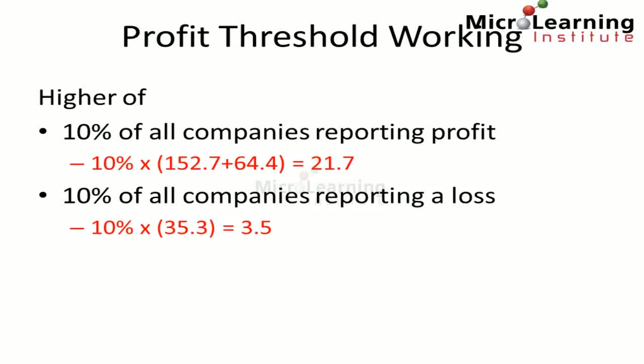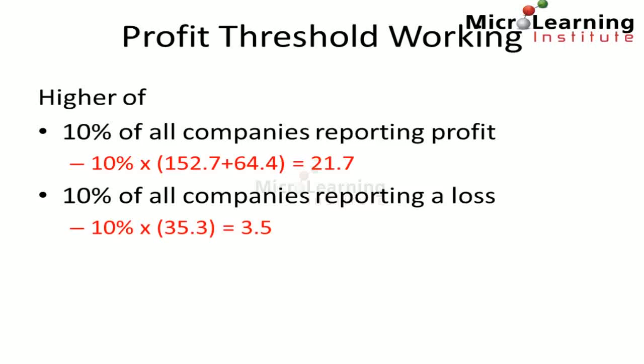Now the threshold is the higher of either that number, 21.7, or 10% of all the companies reporting a loss. Now again, if we look back at our updated profit schedule, we'll see that one segment is reporting a loss of 35.3 and 10% of that is 3.5. So therefore, the profit threshold for IFRS 8 from this exercise is 21.7.